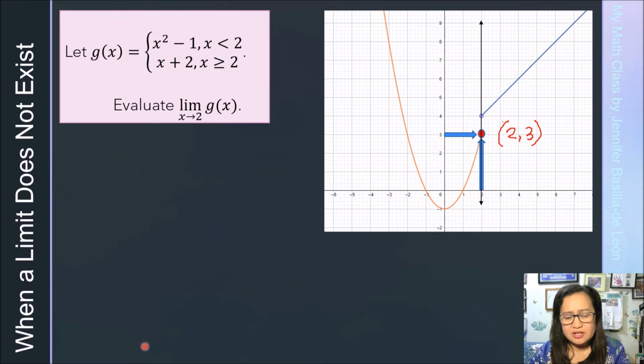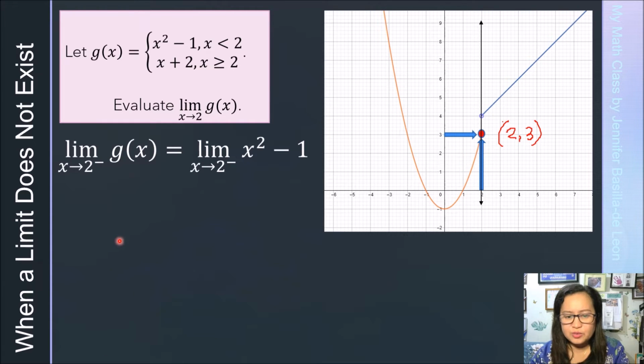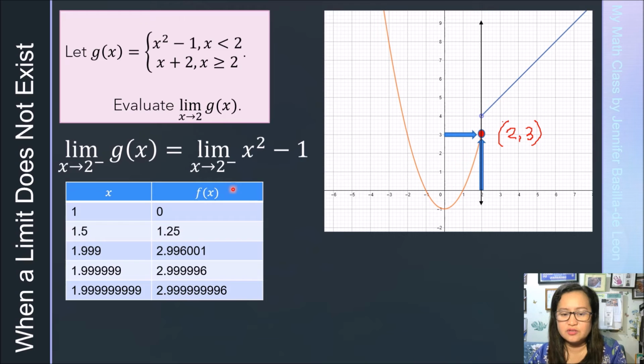So it's like saying that the limit of g of x as x approaches 2 from the left is equal to the limit of x squared minus 1 as x approaches 2 from the left. Using the table of values, we would have this set of values.